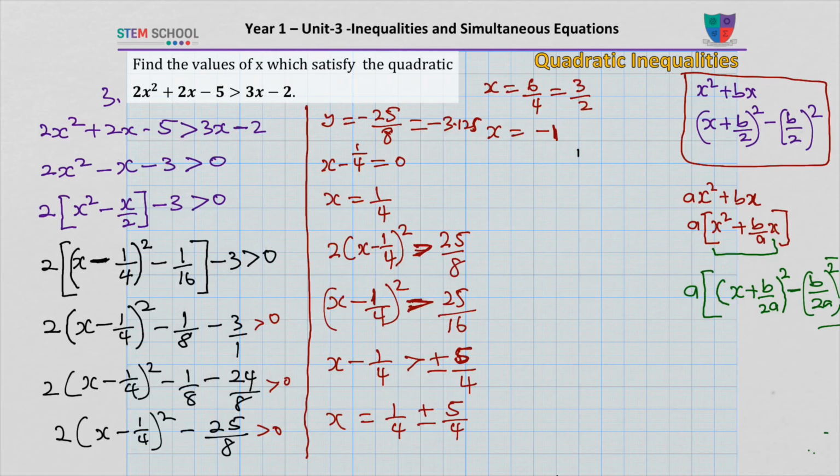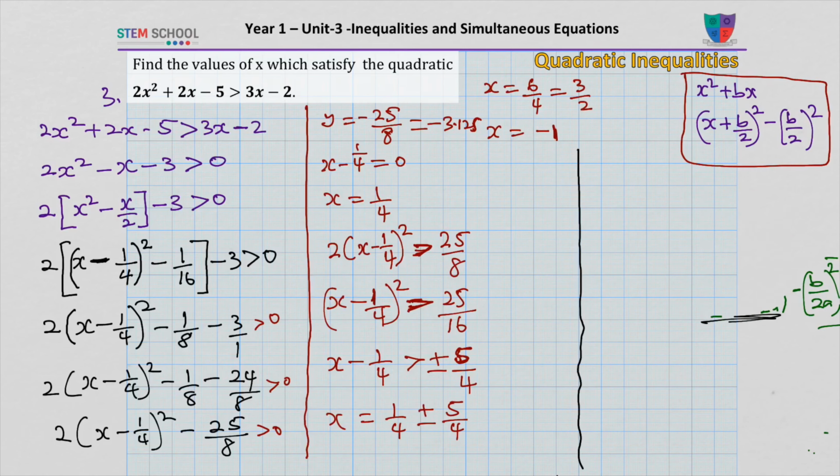To sketch the curve, just draw a line. Just clear this one off. The x-axis will be here. And so I have minus 1, 1, 2, 3.